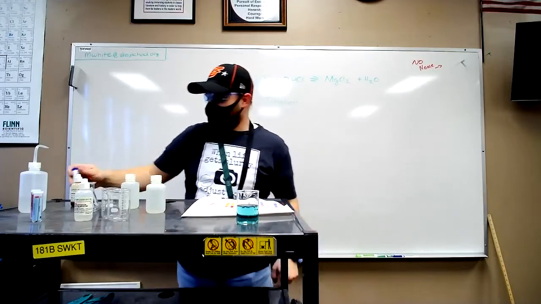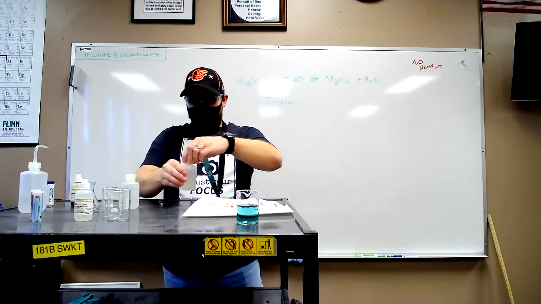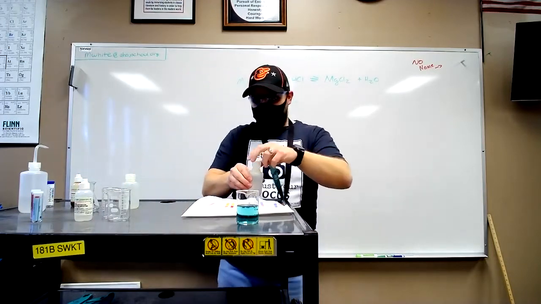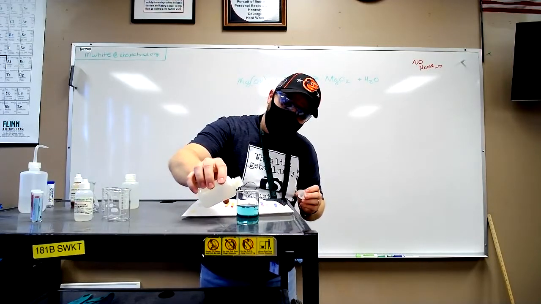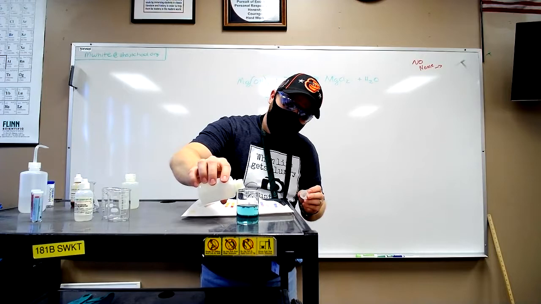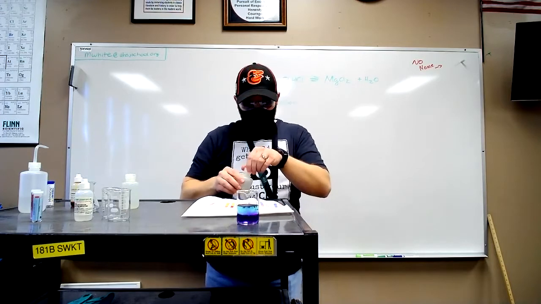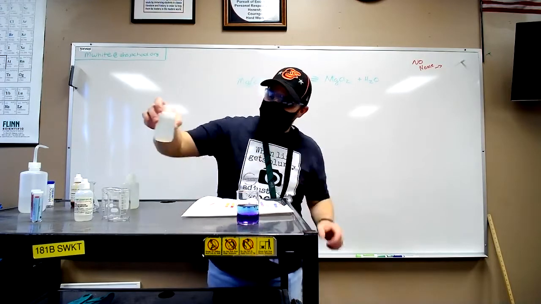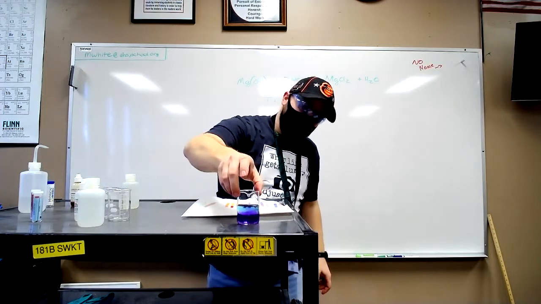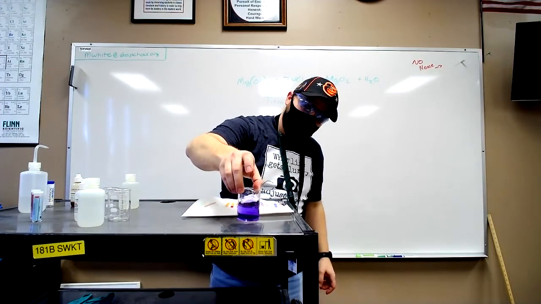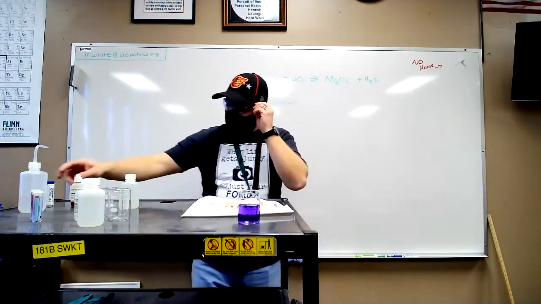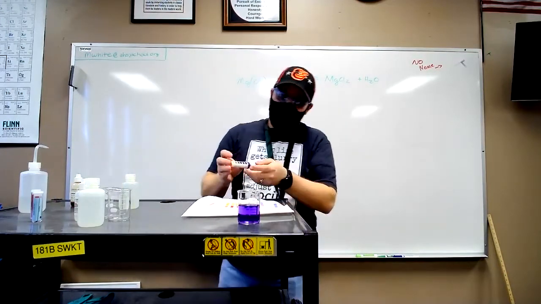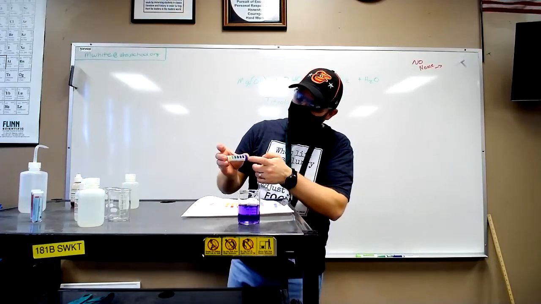And so what we can do, if we take some of our sodium hydroxide here, put a little bit in, notice that we get this very deep color. Okay, and that tells us, looking at this, we can say, oh, okay, well, the blues and purples, they're basic.